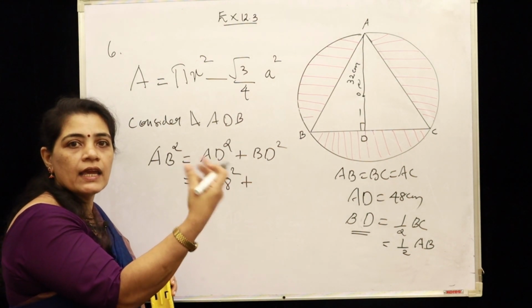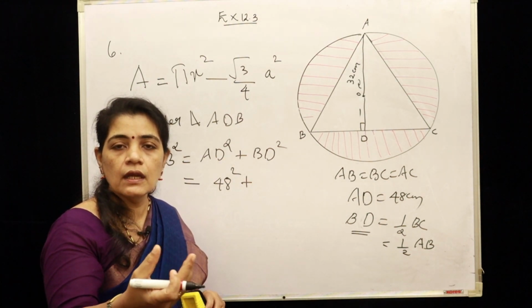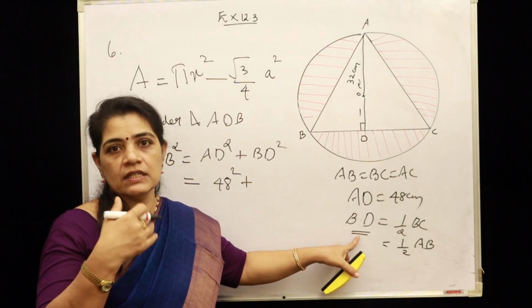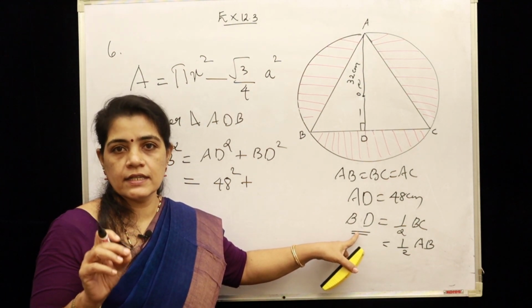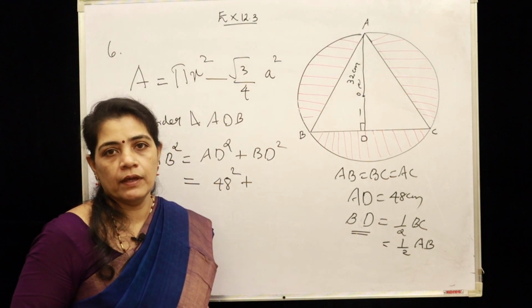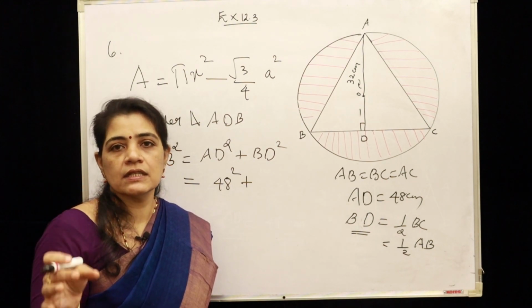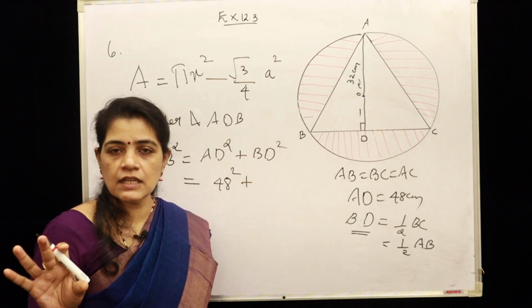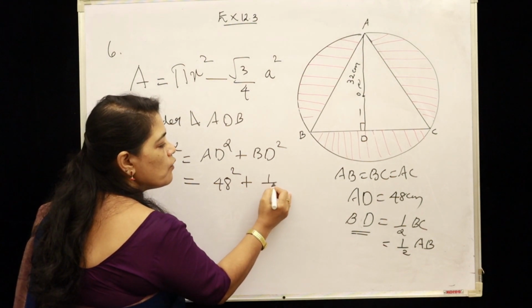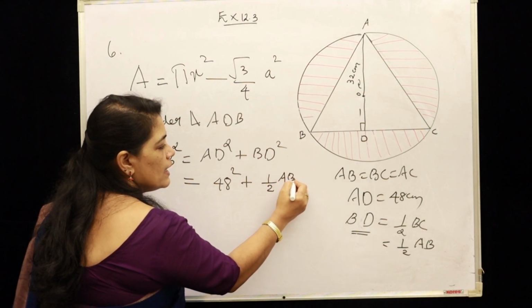That is why I have substituted BD in terms of AB, because this is an equilateral triangle, all sides are equal and D is the midpoint. So BD will be half of AB, that is half of BC, and BC is nothing but AB. Hope this step is also clear to you children. So here I am going to write half of AB whole square.